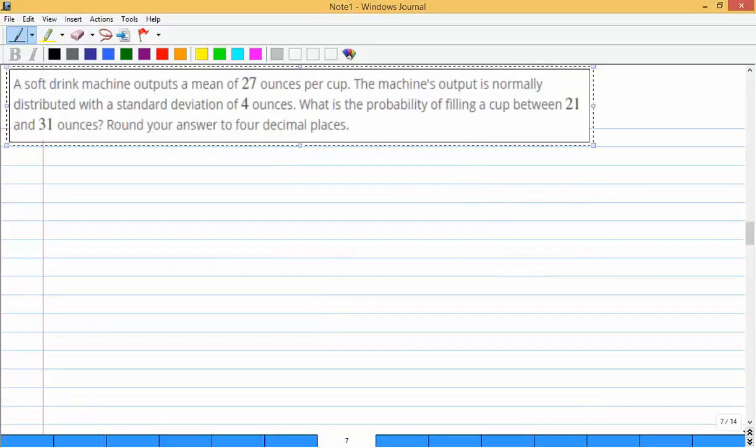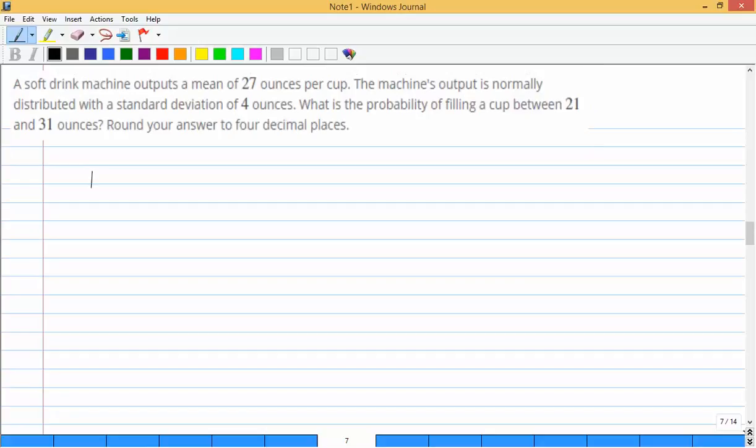So this problem says a soft drink machine outputs a mean of 27 ounces per cup. The machine's output is normally distributed with a standard deviation of 4 ounces. What is the probability of filling a cup between 21 and 31 ounces? Round your answer to 4 decimal places. So we have to identify what all these numbers mean.